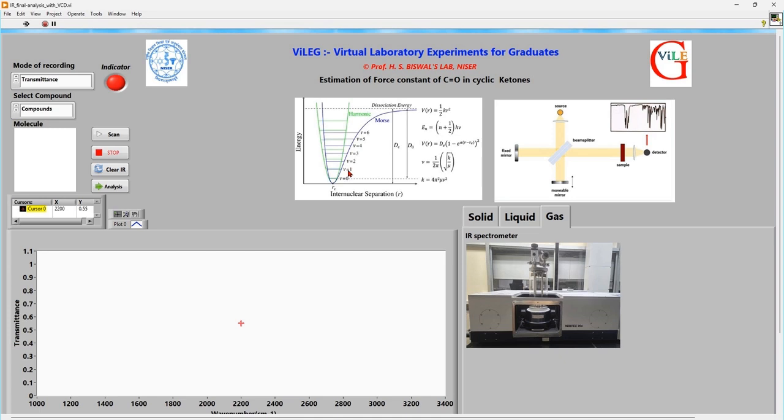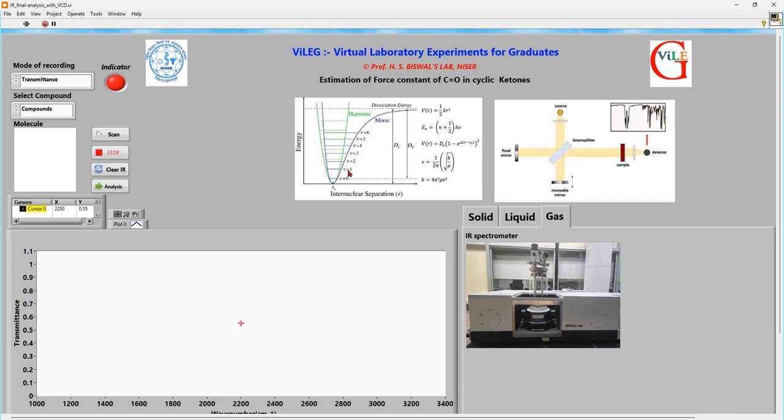Let's consider vibration in a simple diatomic molecule. The vibration in it is similar to that of a simple harmonic oscillator. When we displace the atoms from the equilibrium position, a restoring force will act, which will bring the atoms back to their equilibrium position.